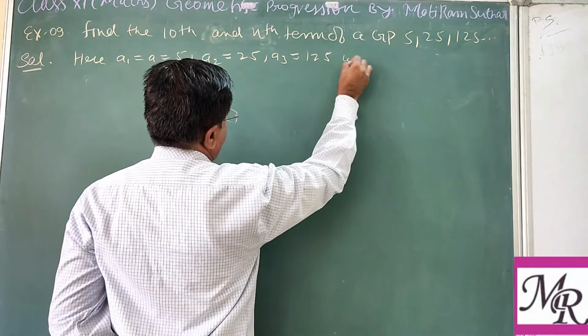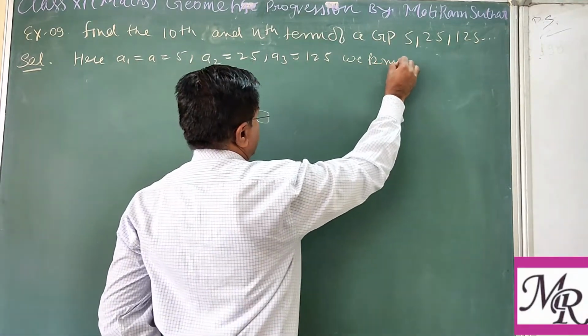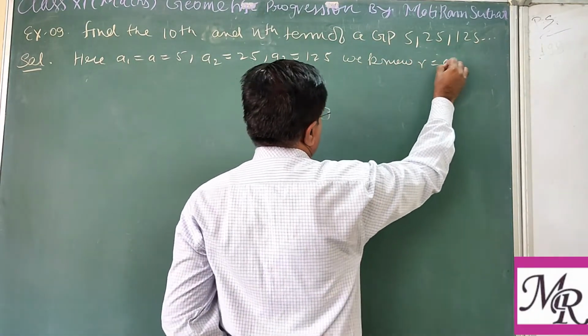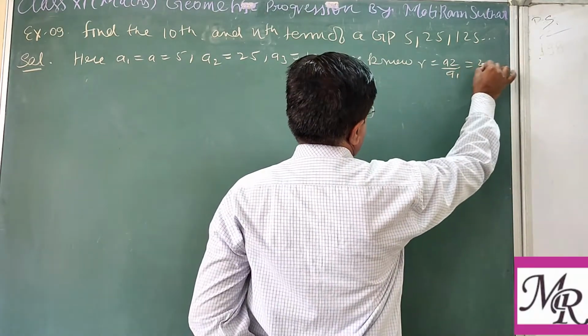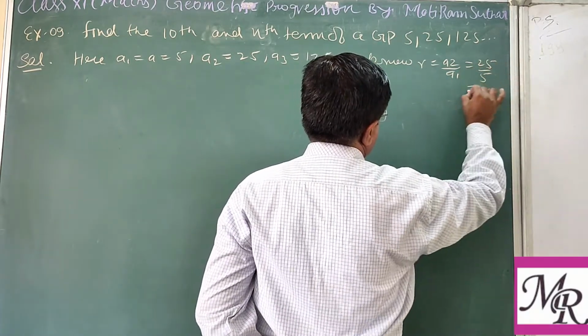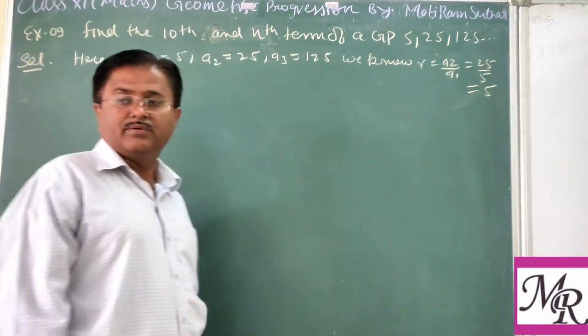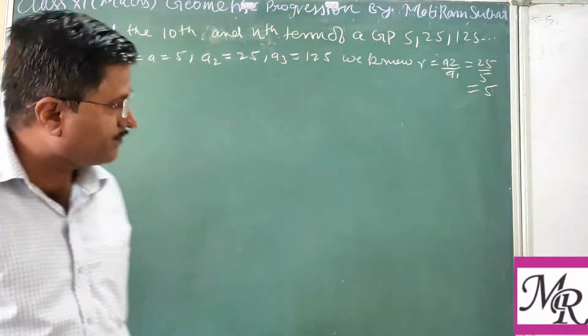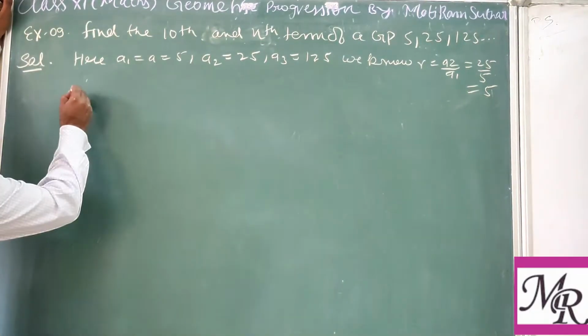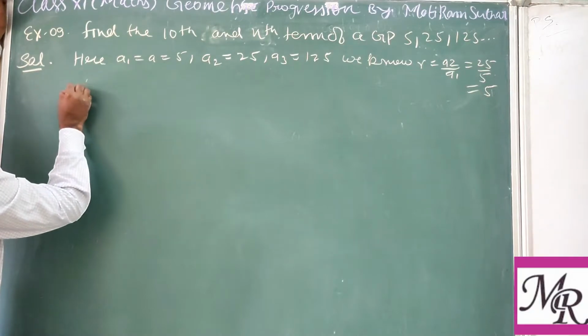So we know that common ratio R is equal to A2 by A1, that is 25 by 5. So R is 5. So for this GP we have R equal to 5, A equal to 5, and the question says you have to find the 10th term.